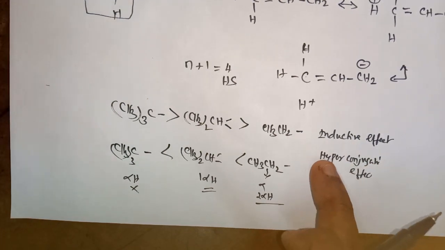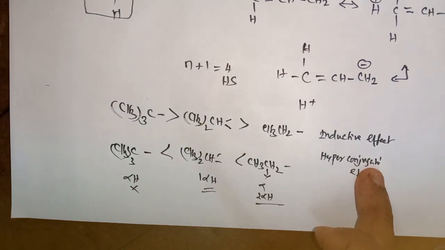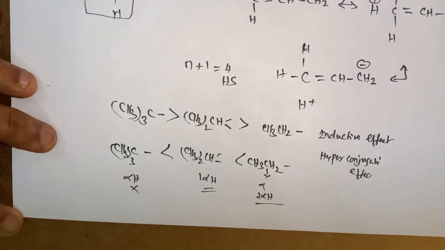If the number of hyperconjugative structures increases, the stability of that compound increases, right? More examples we will see in the next video.